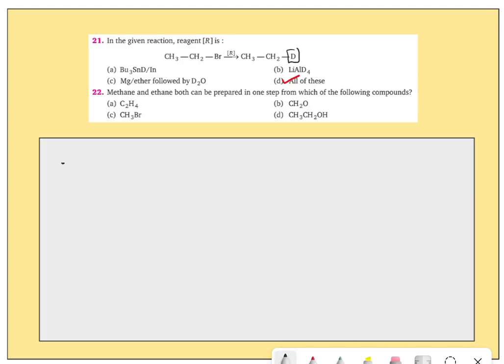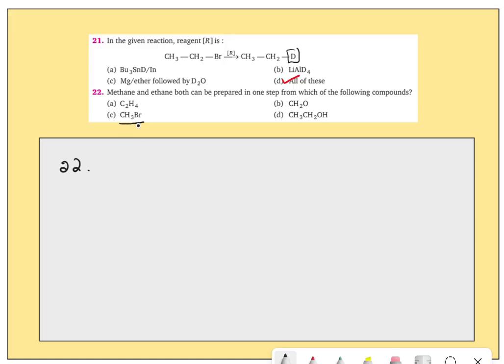Students, remember the haloalkanes are widely used to prepare the alkanes with 1 carbon, 2 carbon, 3 carbon, any number of carbons. Whereas whenever you have a molecule like ethene or ethanol or an aldehyde, they tend to either undergo oxidation or reduction, but the number of carbons would remain the same.